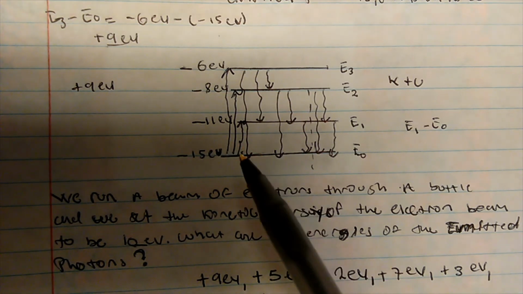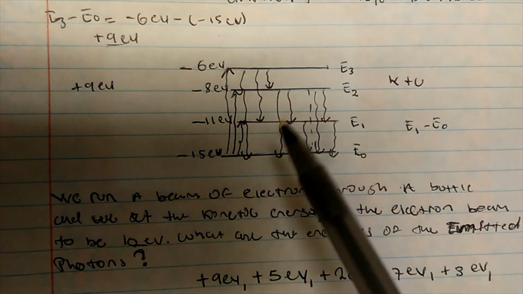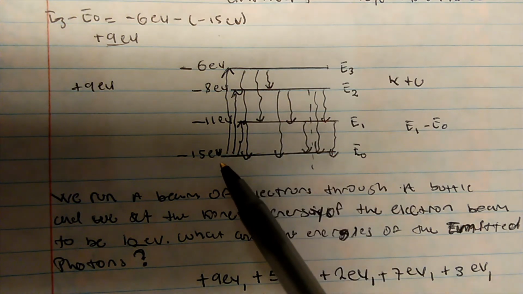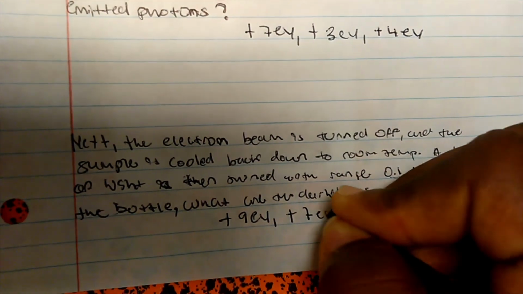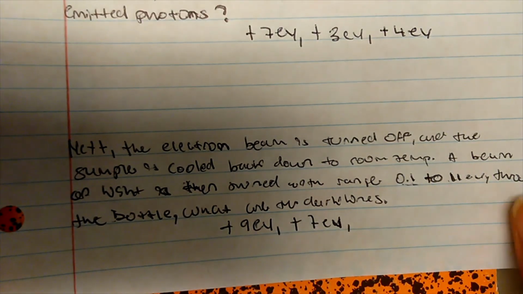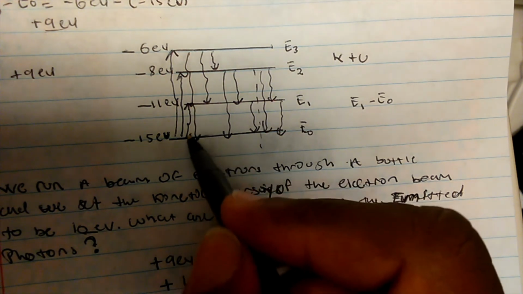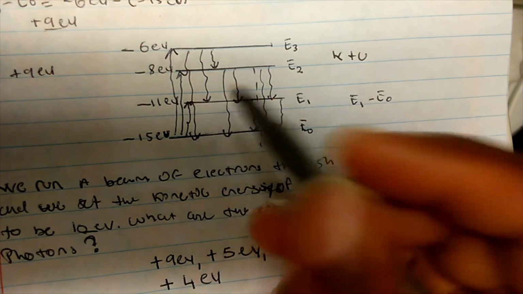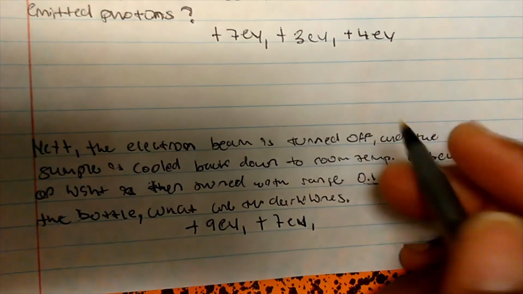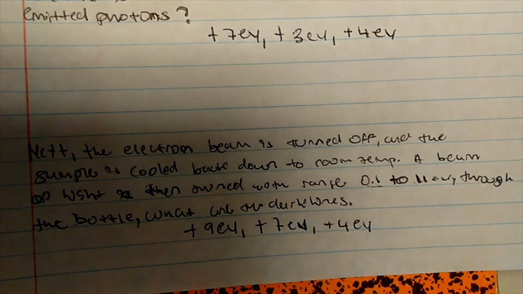If I take negative 8 minus negative 15, that is a plus 7 eV. And the last one, if I take negative 11 and subtract that from negative 15, that is negative 11 plus 15, so that will give me a plus 4 eV. Okay, and those will be the photons that are absorbed.